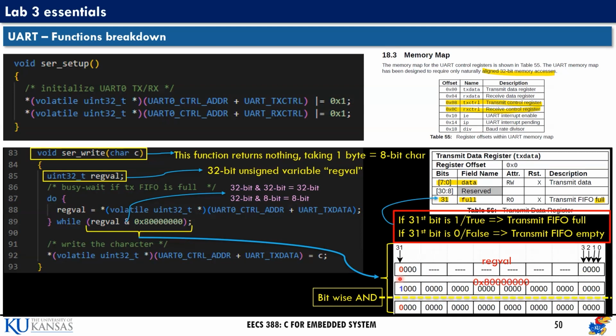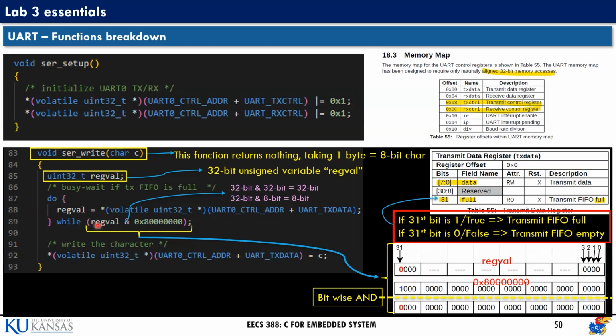Now you can observe that we are doing the AND operation, and if the 31st bit is 0, the output is going to be 0, because that's how AND gates work. If any of the inputs is 0, the output is always 0.